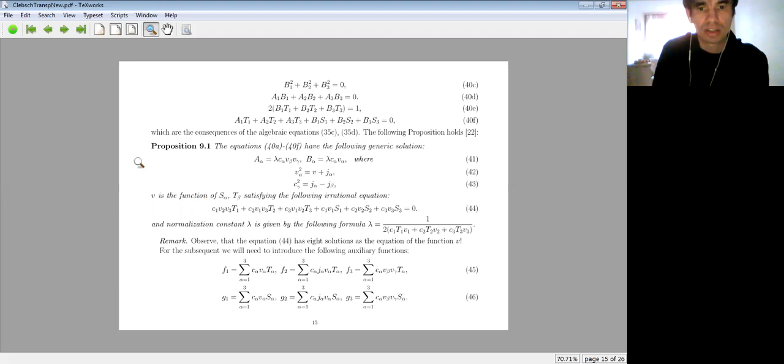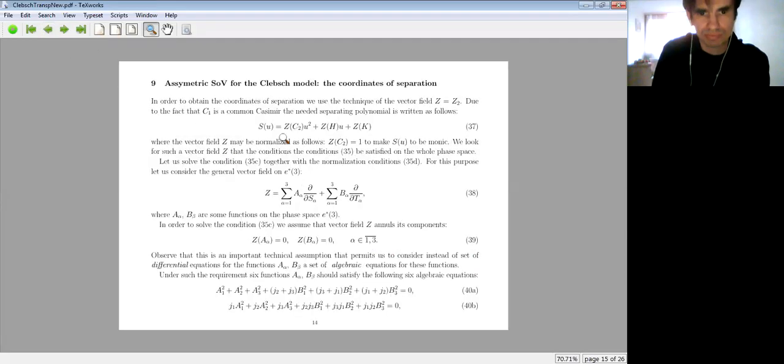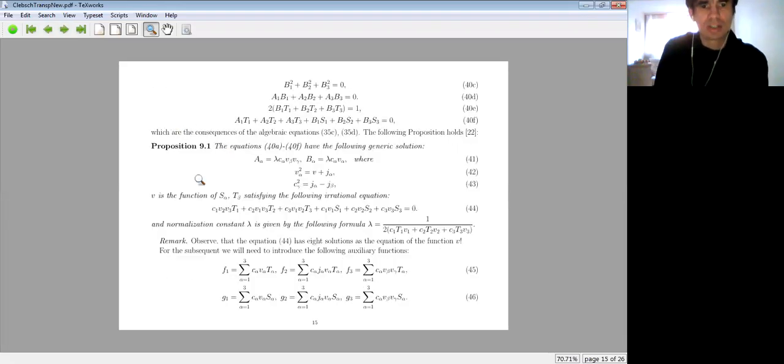In principle we can put lambda equal to 0, because the normalization of the vector field zeta does not change the roots of the corresponding separating polynomial.